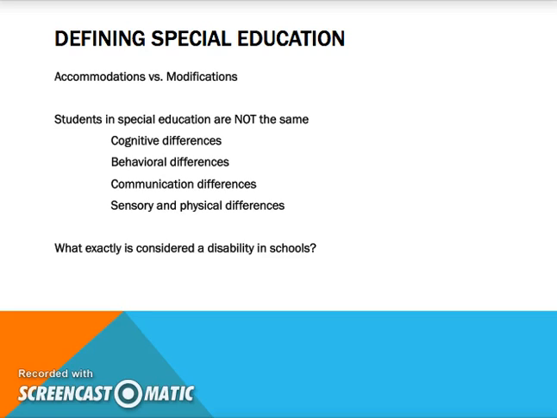So another example, let's stick with writing since that was our accommodation example. An example of a writing modification might be maybe we have a student who has an intellectual disability and they're expected to construct sentences within their classroom. So this student might be using pre-made word strips to make the sentence.